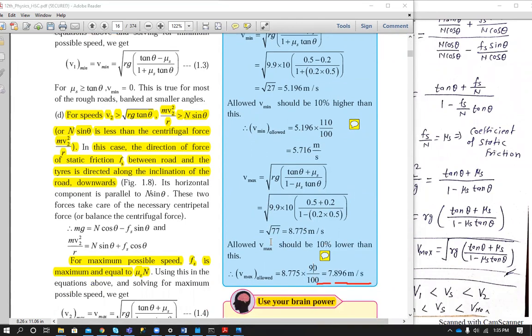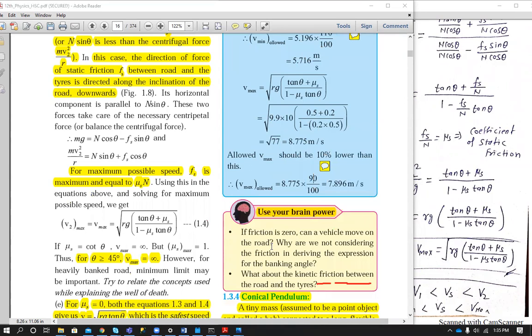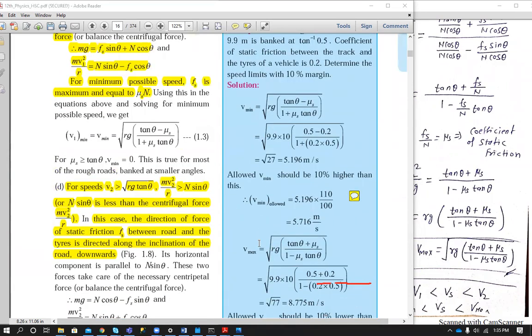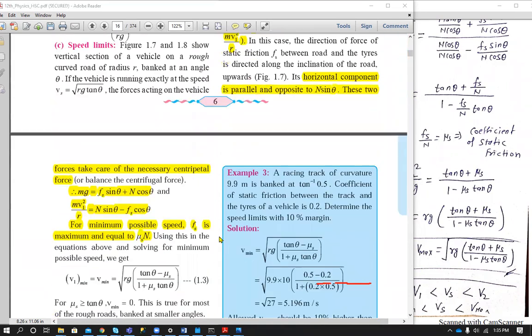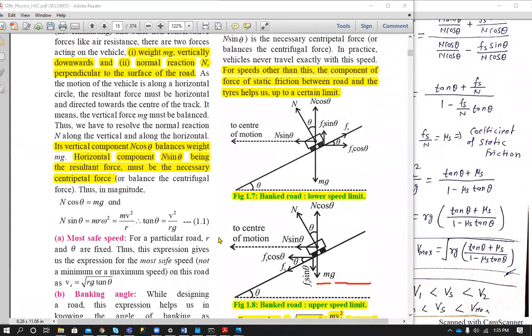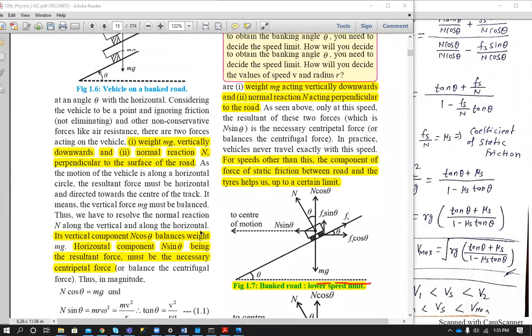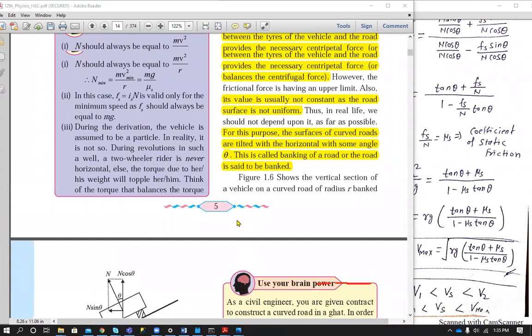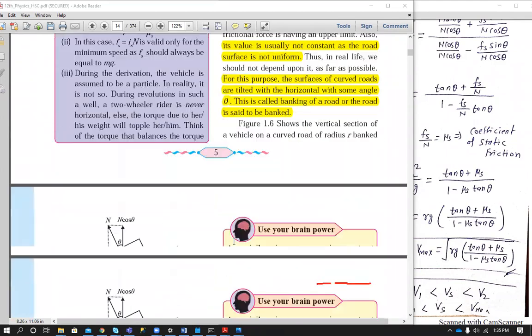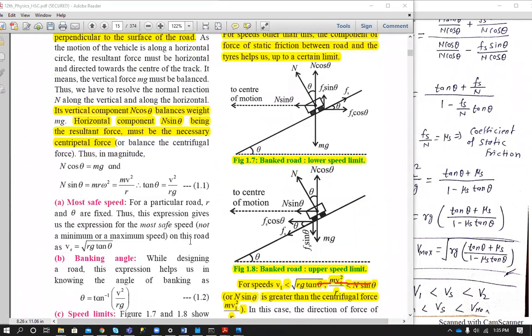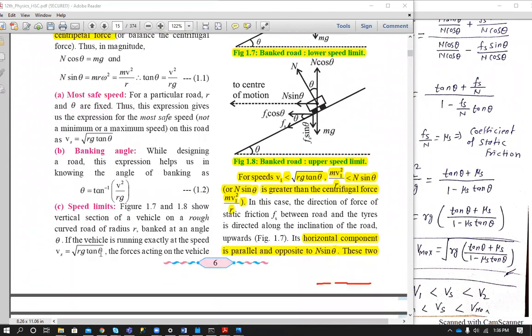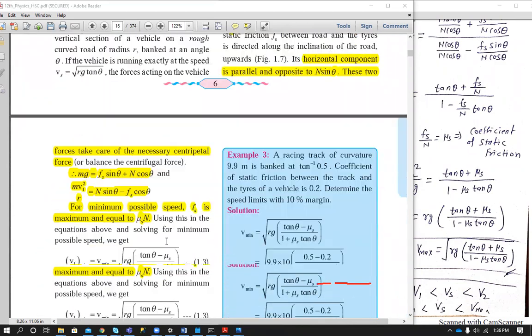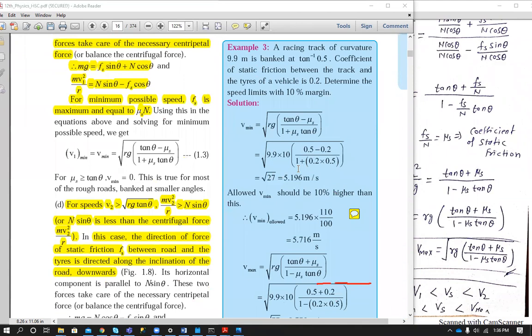So in this case we have seen the banking of road part. In the incoming videos I have solved some board problems on this topic, so just watch that. Remember all these four formulae: safety speed, angle of banking, and these speed limits. I hope you have understood this margins problem.